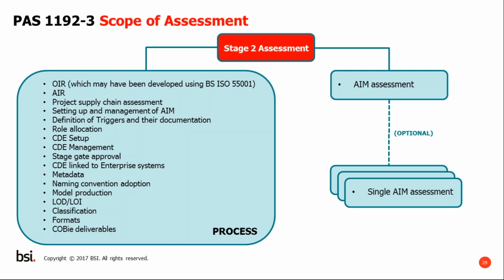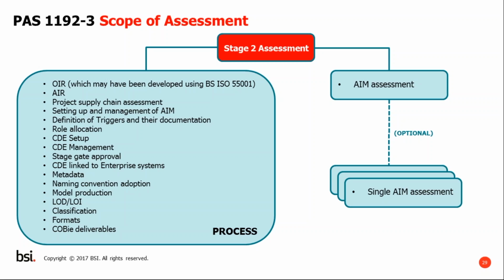So I've talked about the scope of the Kitemark, that's what we look at, and how it's developed. Now I want to talk about, okay, when we turn up, what are we actually going to be looking at? How does the assessment take place? Essentially, a certification decision is based on the output of a stage 2 assessment. That's the BSI terminology for the final assessment.